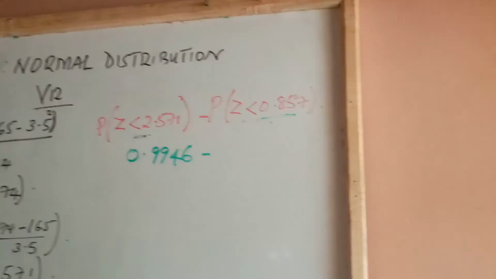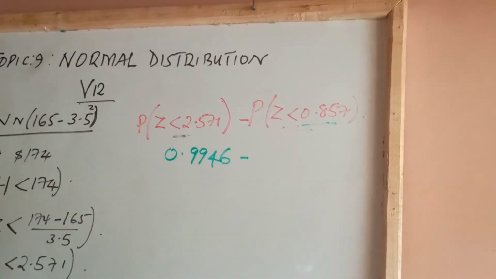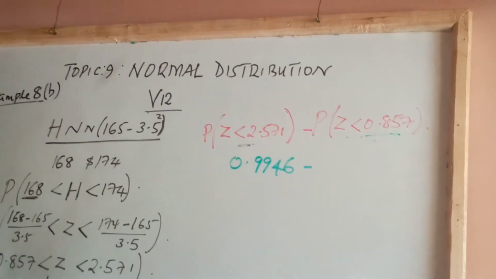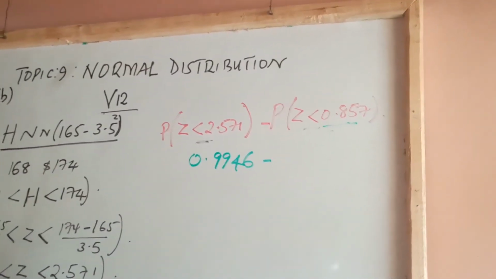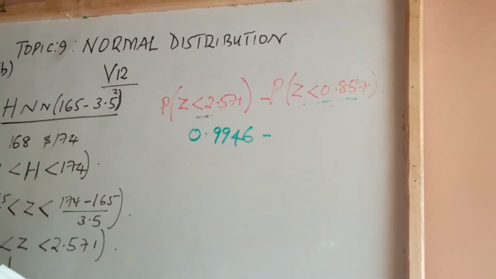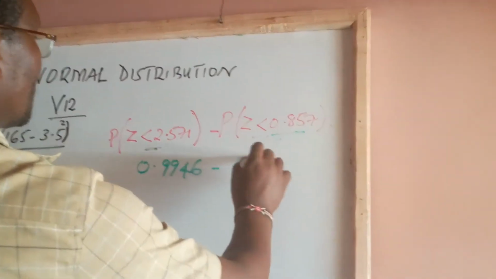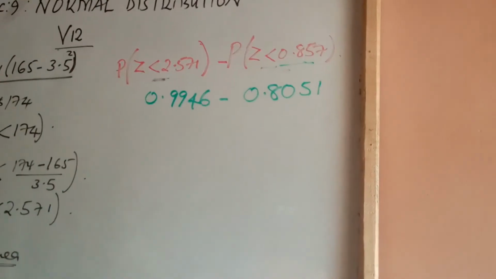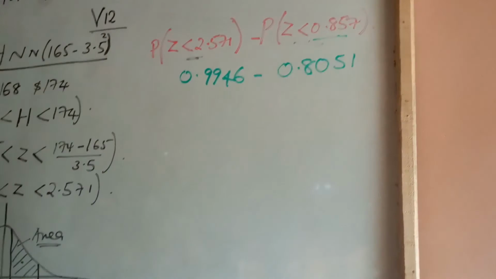Minus, let us go to the Z which is 0.857. The closest we get is 0.86, which gives us a probability of 0.8051.